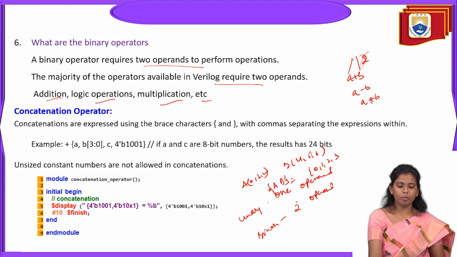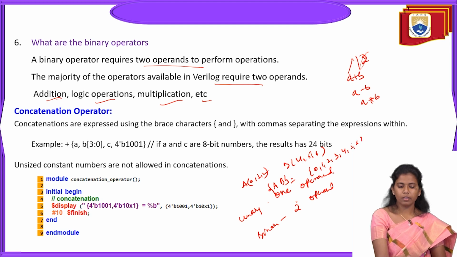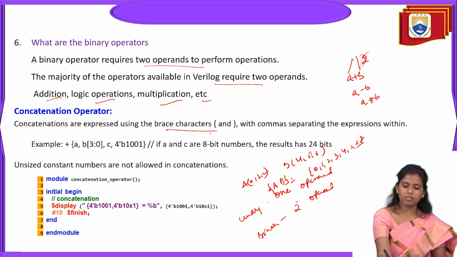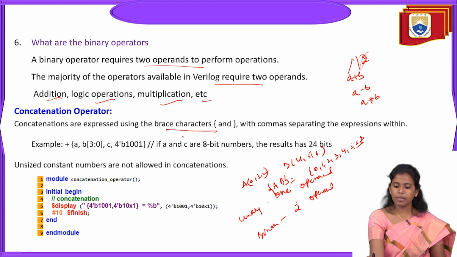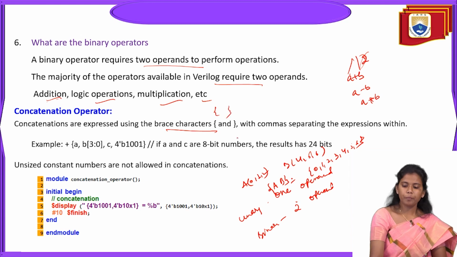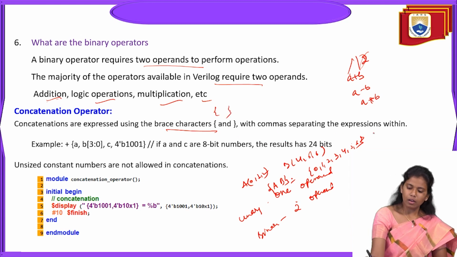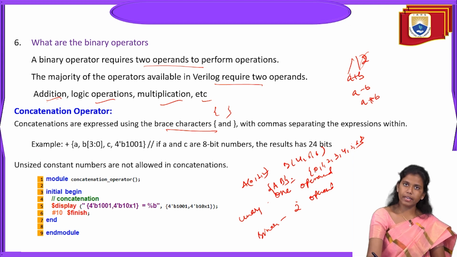The concatenation operators are expressed using brace characters, that is curly braces, with commas separating the expressions within. So in this example, I concatenated A and B, so in the curly braces, I have to represent what is there in A and B with commas in between.